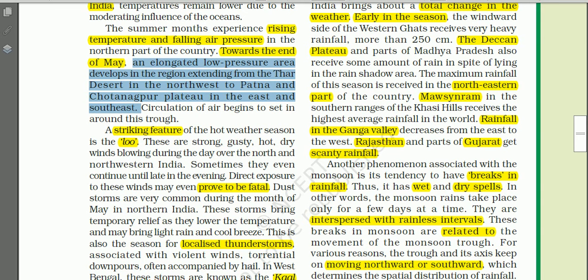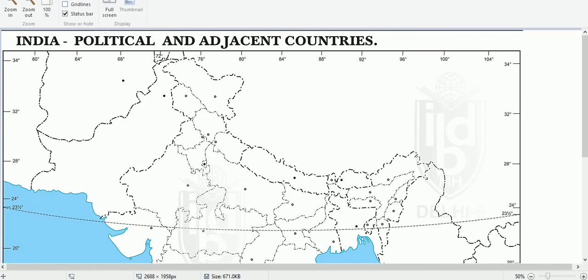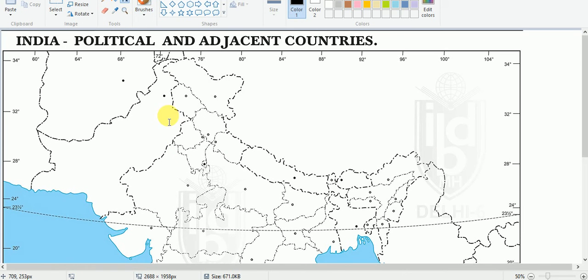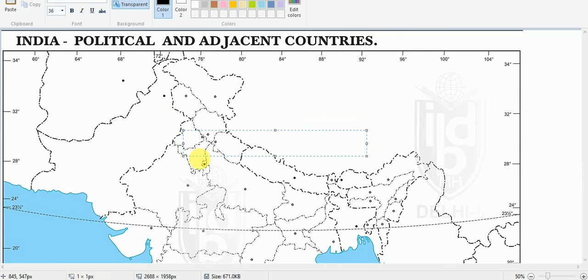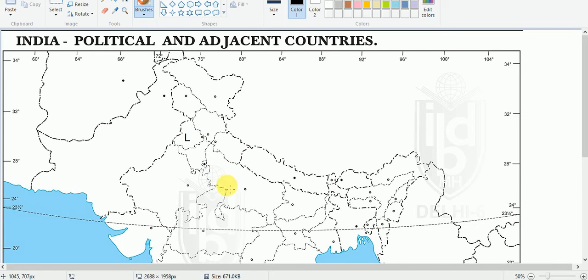Last time also we learned that when the summer season sets in, mainly in the beginning of April, due to high heat, low pressure is formed here. And this low pressure is extended up to Patna, then the Chotanagpur area.